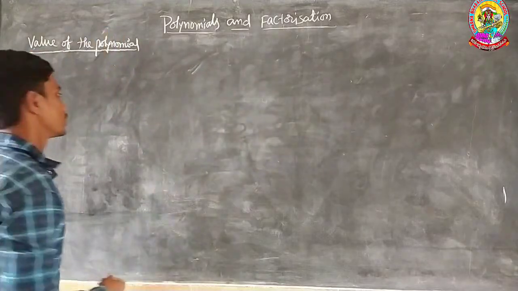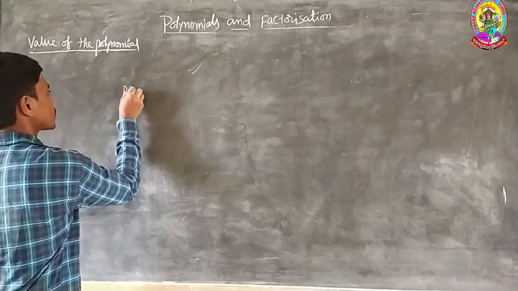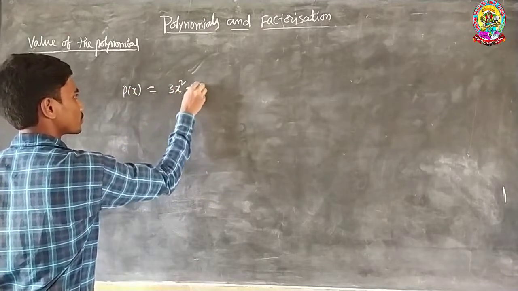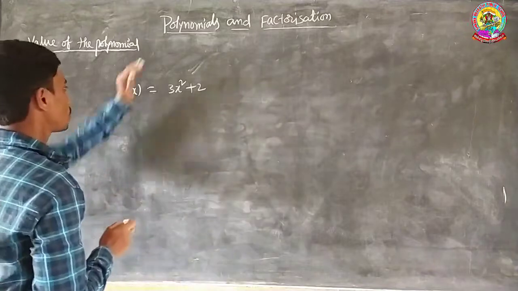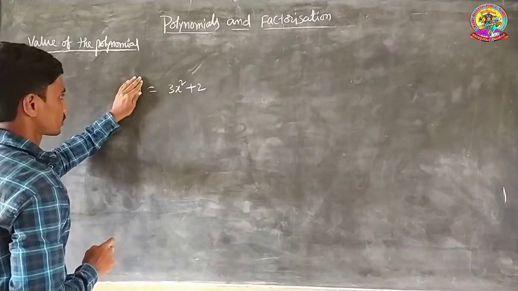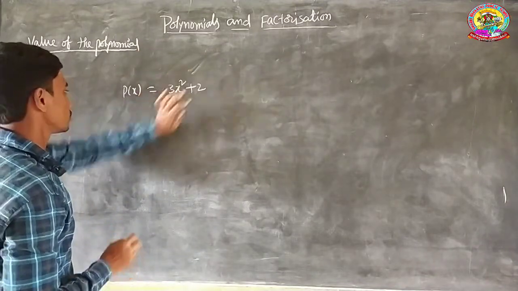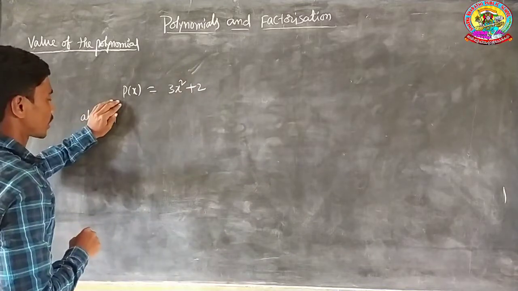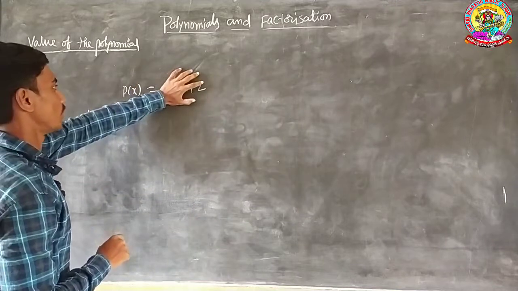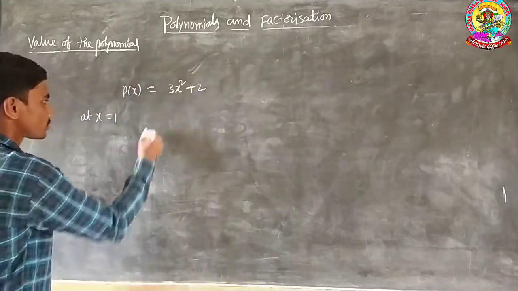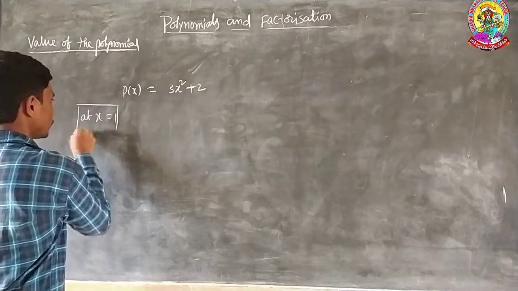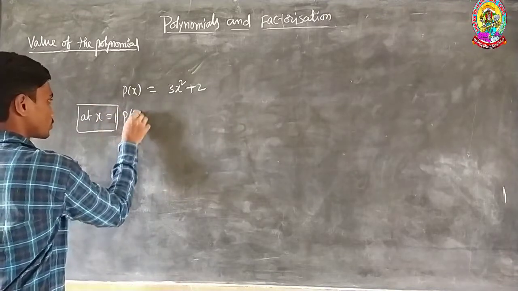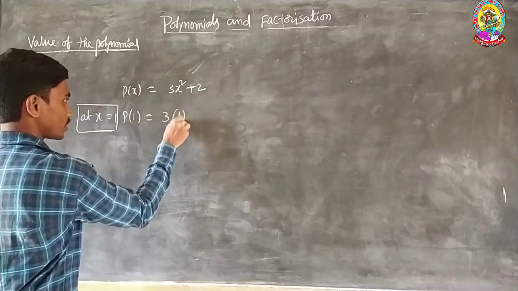Value of the polynomial. For example, p of x is equal to 3x square plus 2. If you want to find the value of p of x at x is equal to 1, in the place of x introduce 1.